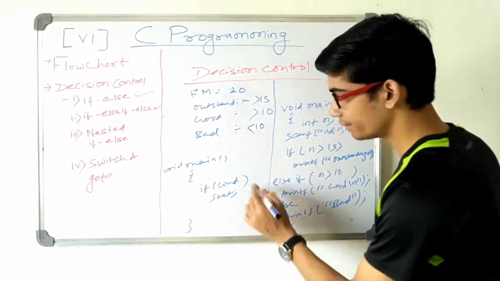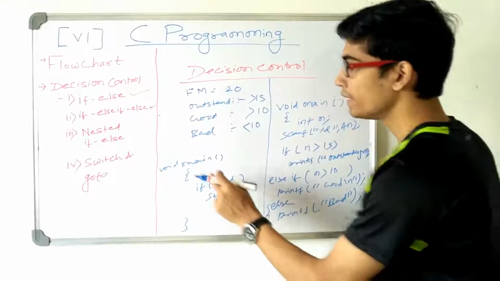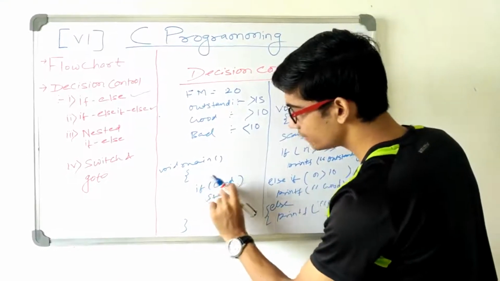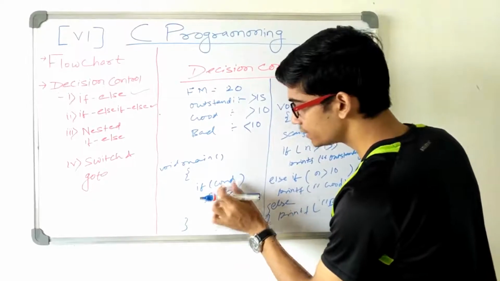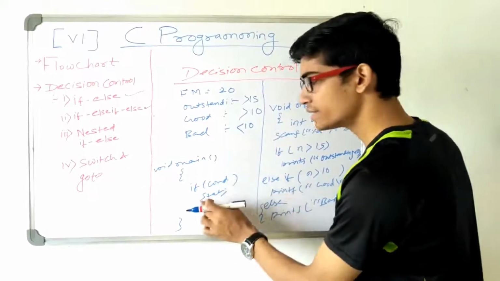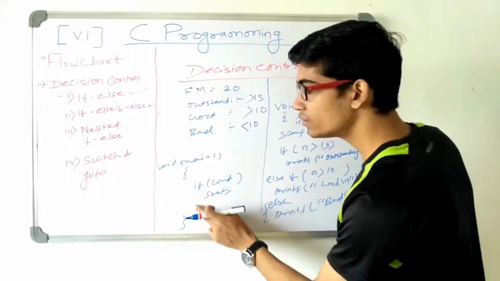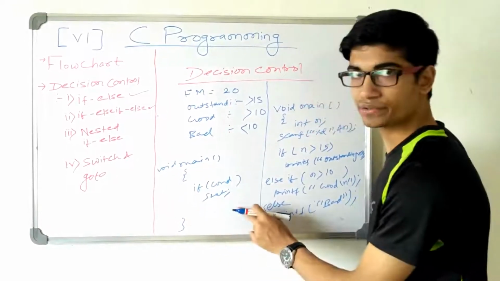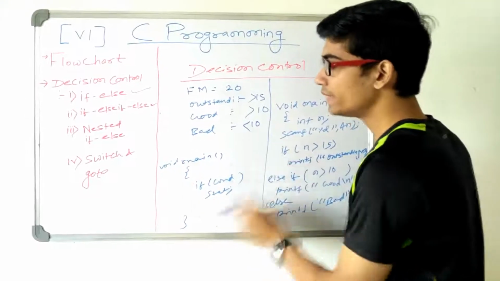It is well and good. Why? The program will come, the condition will be checked. If the condition is true, this statement will be executed. If the condition is false, this statement is not going to execute, and there is no else part, so nothing will be executed at the end. Okay, so you will get a blank screen.